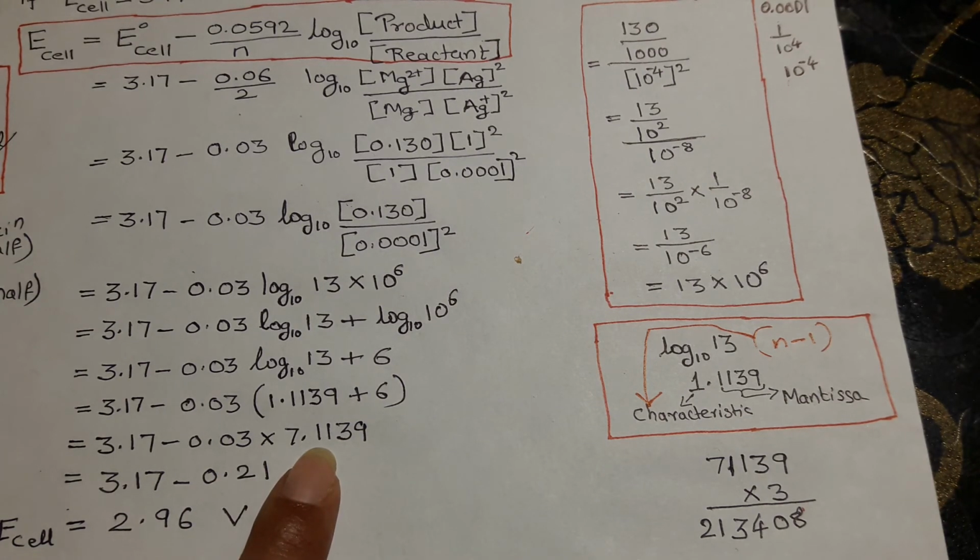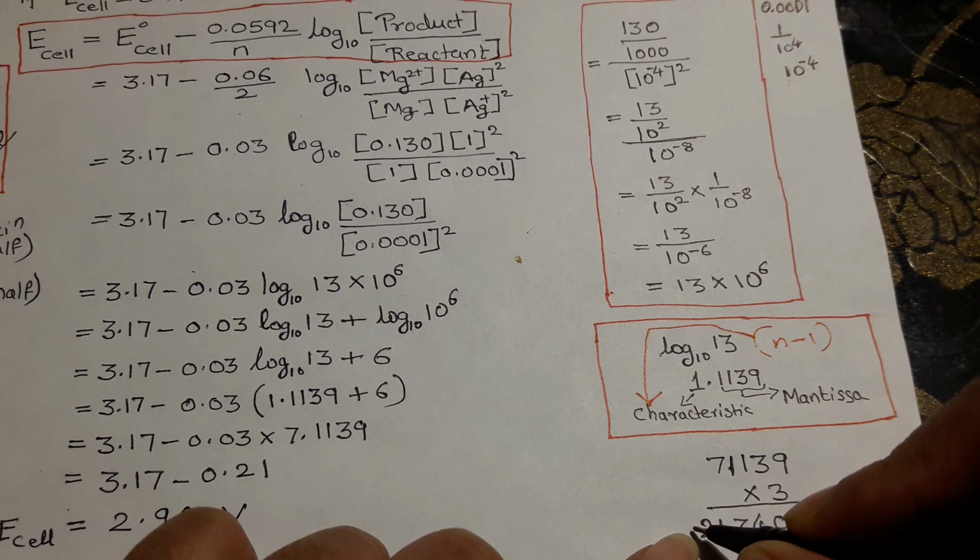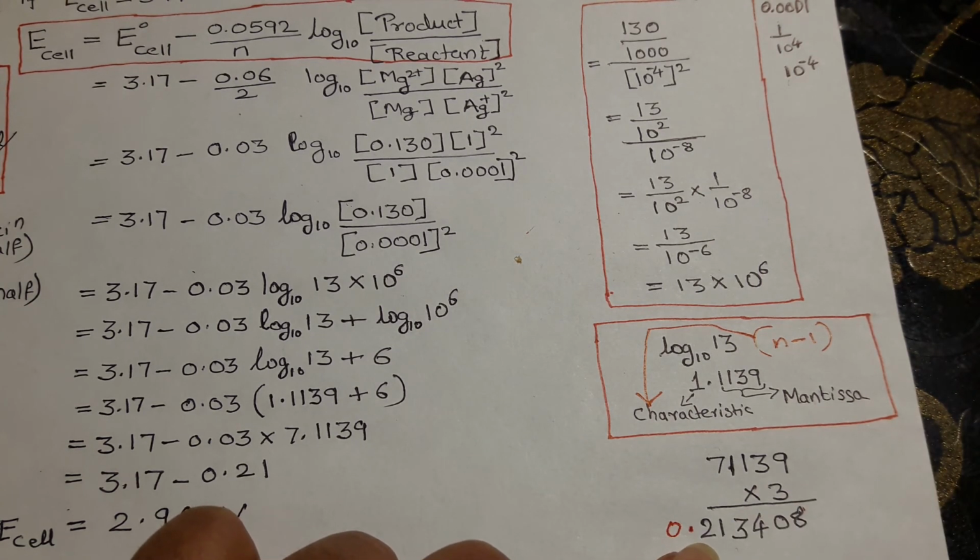So that means in our answer also, after the decimal, 2 plus 4, 6 numbers should be there. So after multiplying and getting the answer, we know that after our decimal there should be 6 numbers. So we place the decimal here, and we get the answer as 0.21.